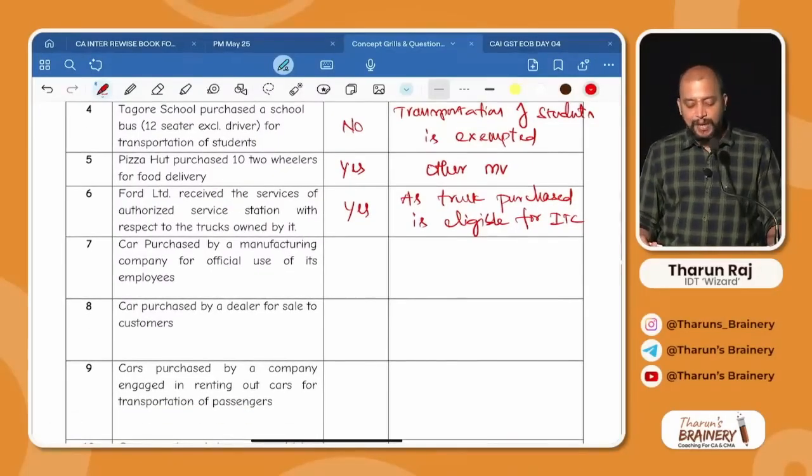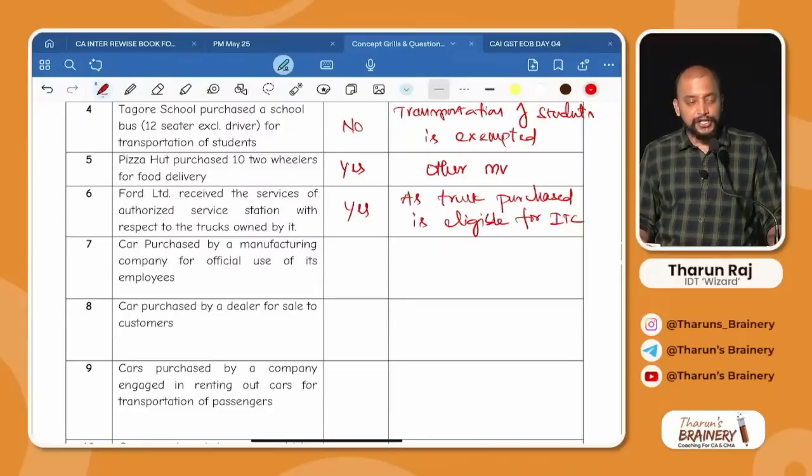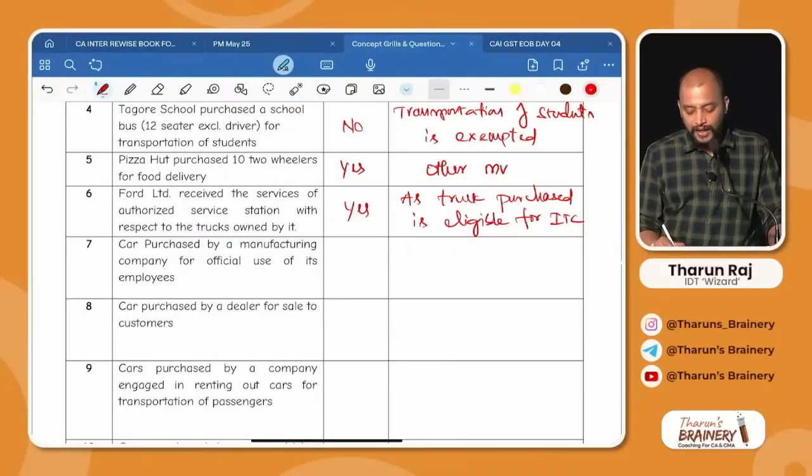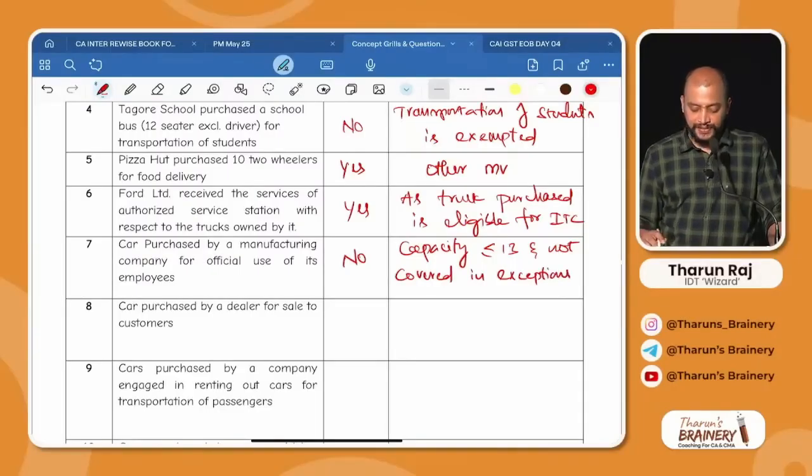Car purchased by a manufacturing company for official use of its employees. Can they take ITC on this car purchased? No. Why? Because car is capacity less than or equals to 13 and not covered in exceptions.